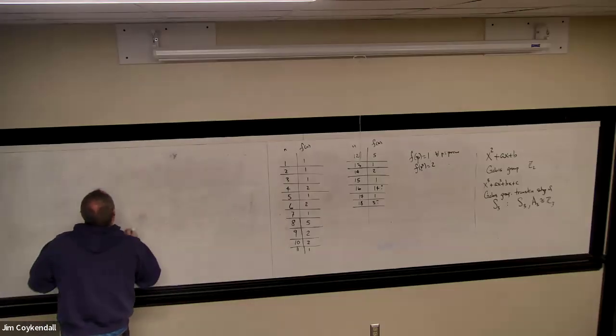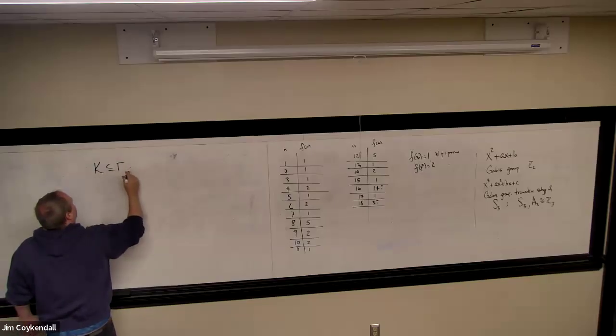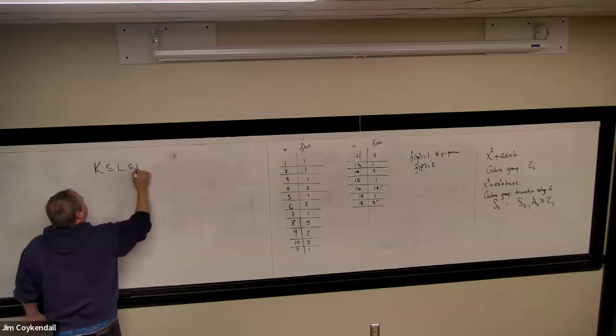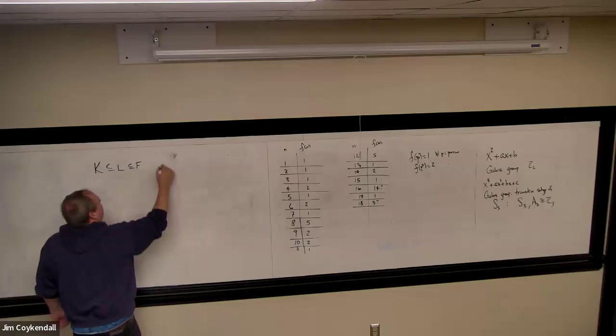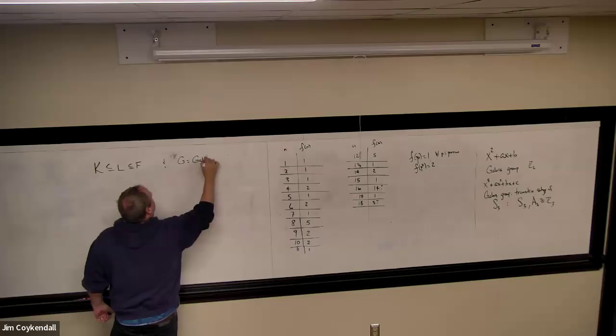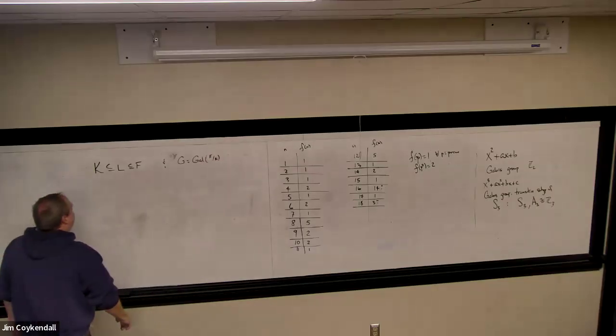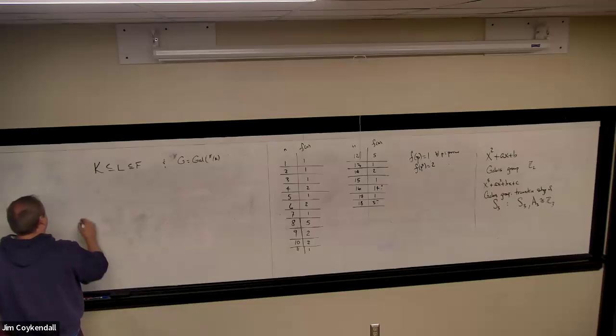You've got some L sitting here between K and F, and G equals the Galois group of F over K. So you start with L, it's a field.